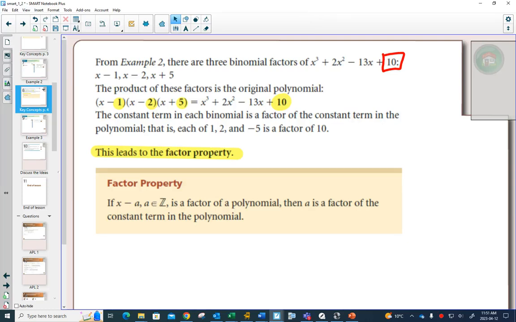That means that the factors that are possible would have to be either 1, 2, 5, or 10. 3 would be a bad choice. It would never work out nicely. So when we're looking to factor something, we're always looking to factor something with nice numbers. And that last number, the constant term, is going to be the one that helps us figure that out. So now we're going to go to our last example.